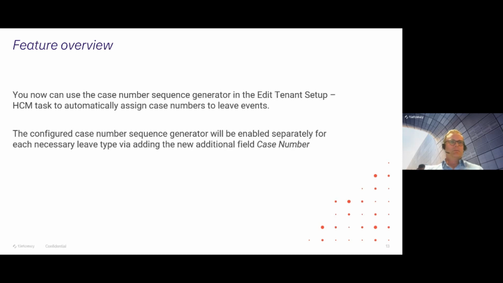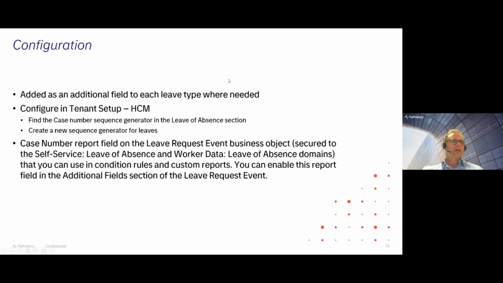When you take it into use, you also need to enable it in the necessary leave type where you want to use it. So we have the configuration here, but let's run through it in the demo.